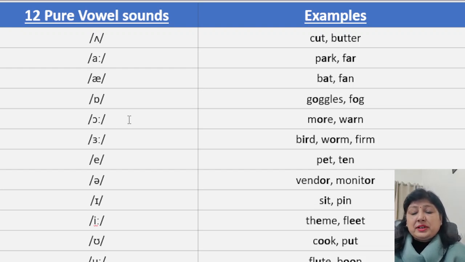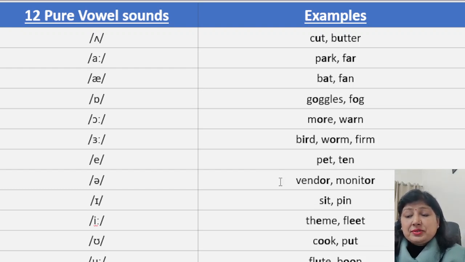More sounds are there. One sound is used in the word more or warm. Another sound is used in the word bird or firm. The next sound is used in the words pet, tin.